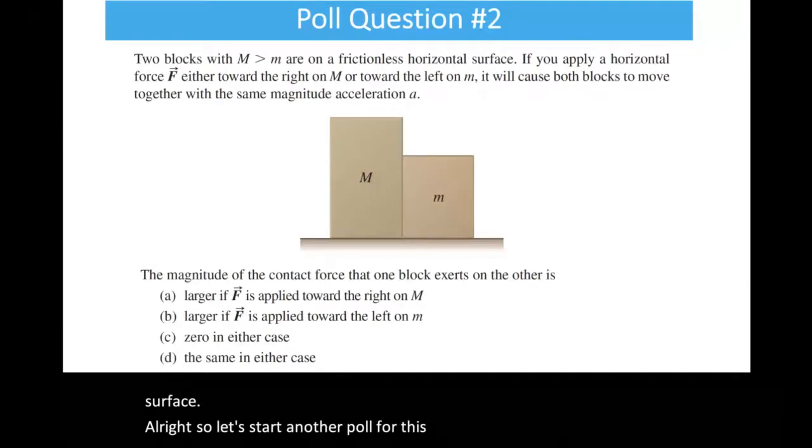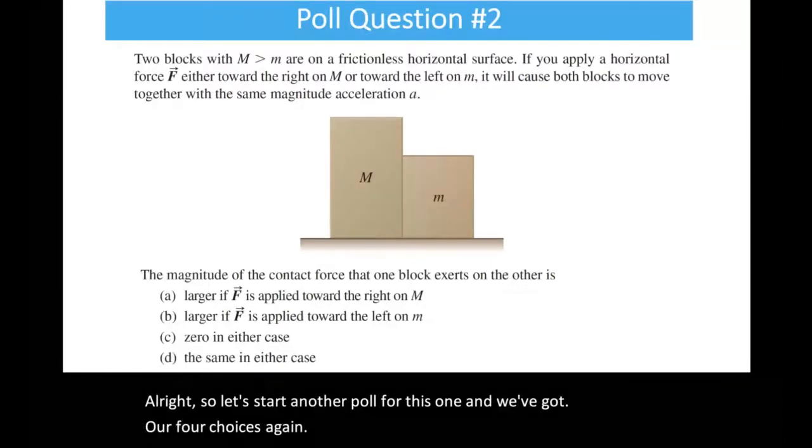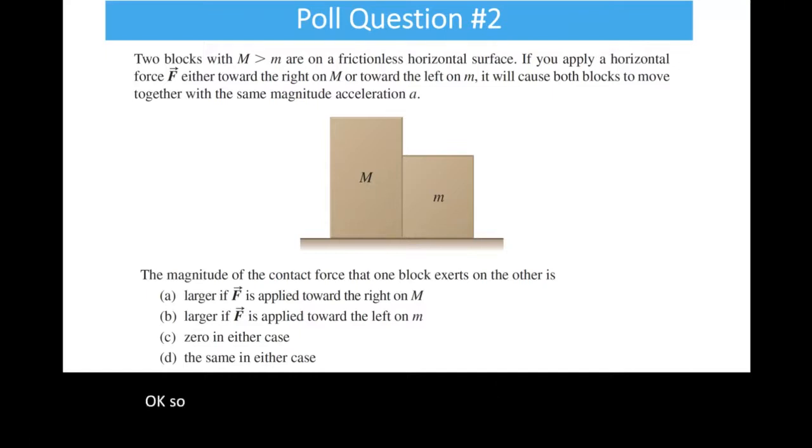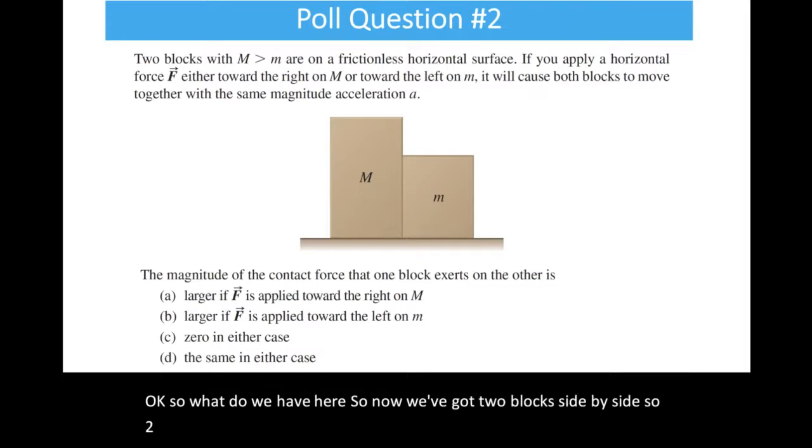We've got our 4 choices again. Okay, so what do we have here? So now we've got 2 blocks side by side. So 2 blocks, with one bigger than the other, with big M greater than little m, are on a frictionless horizontal surface.